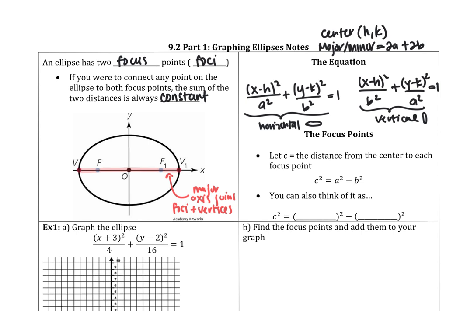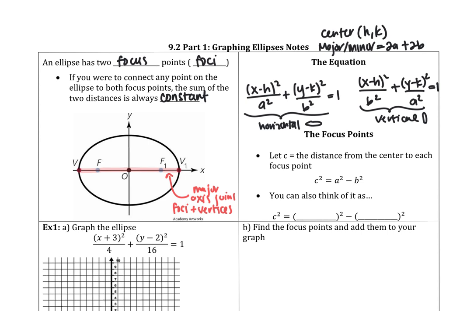So for an ellipse, the major axis will always have the foci and the vertices on them. The major axis is having to do with the a squared component. So for a horizontal ellipse, the major axis will be horizontal. For a vertical ellipse, the major axis will be vertical.